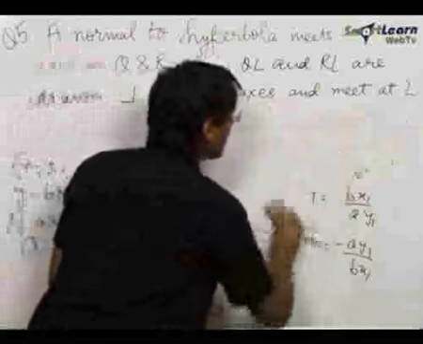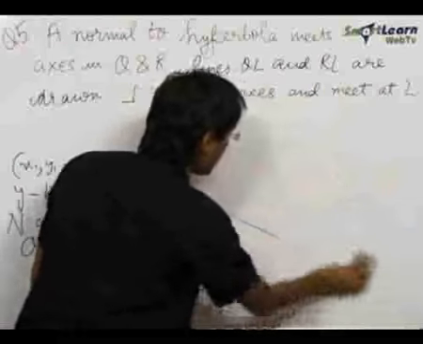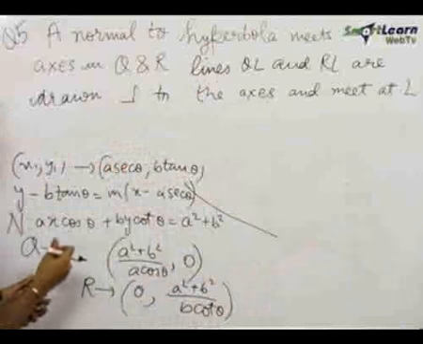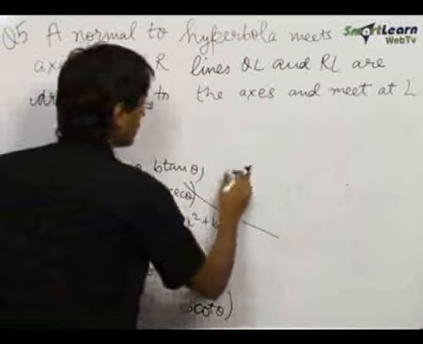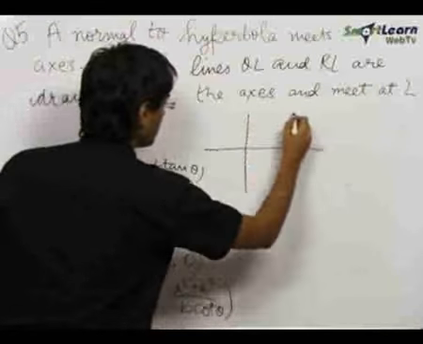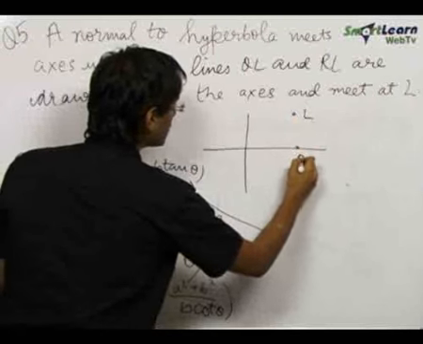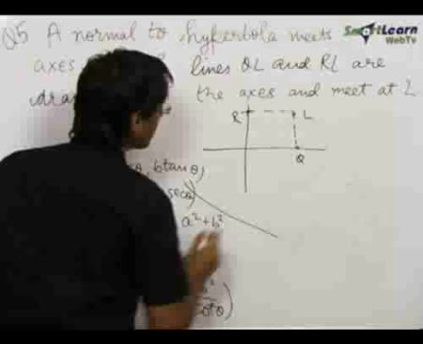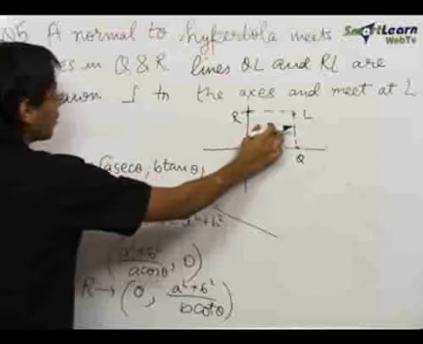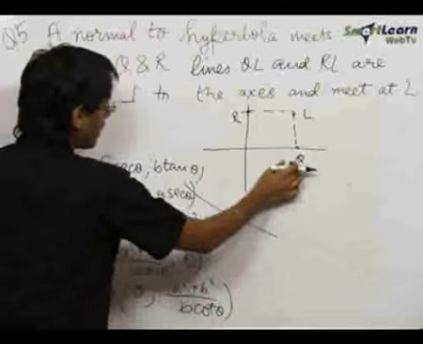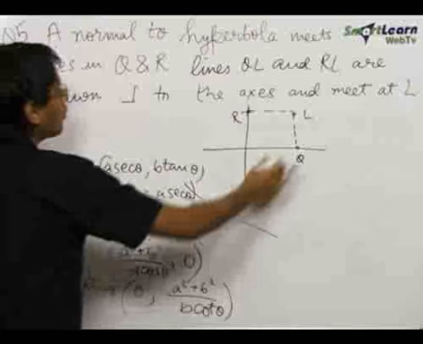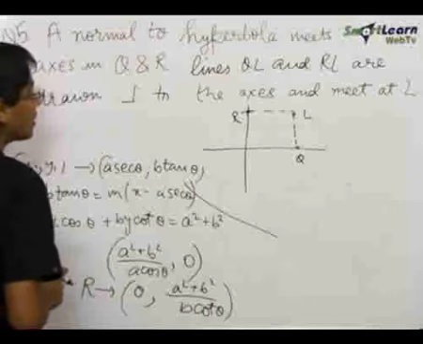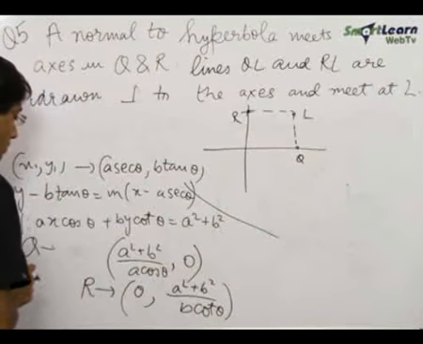Now QL and RL are drawn perpendicular to the coordinate axes. This is the point L, this is Q and this is R. So the x coordinate of L will be equal to the x coordinate of Q and the y coordinate of L will be equal to the y coordinate of R, since a rectangle is being formed.